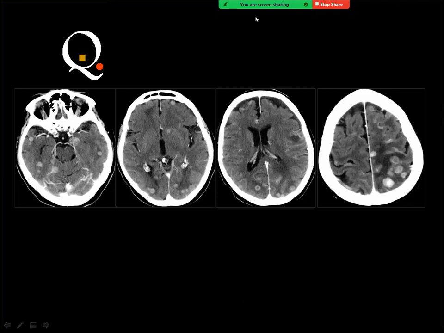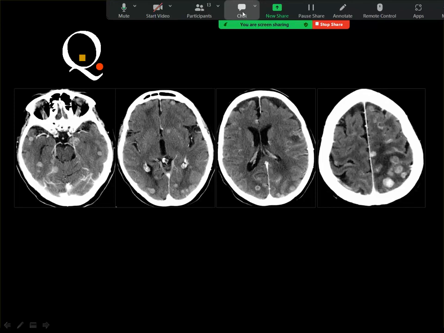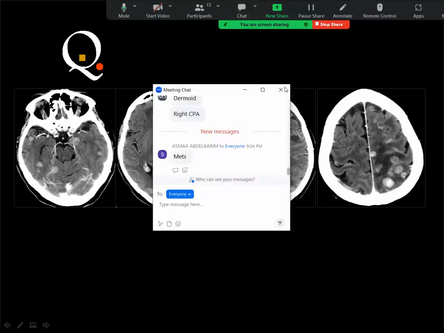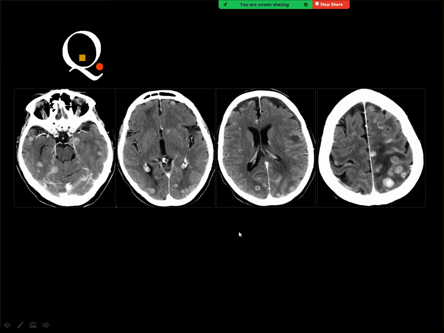Of course, if you look at this case with multiple lesions in the cerebellum and in the cerebral hemispheres, then the diagnosis is easy, and you should consider the possibility of metastasis.